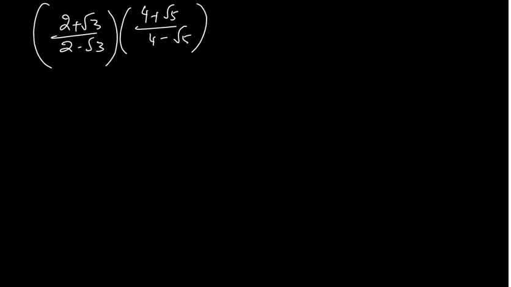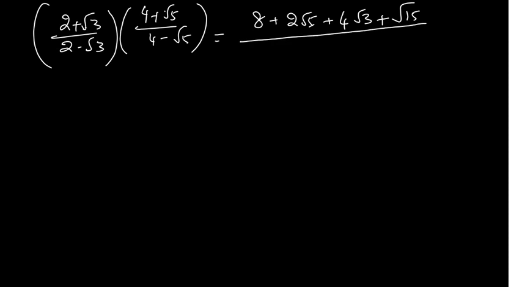You can straight away do the multiplication here and you get 8 plus 2 root 5 plus 4 root 3 plus root 15 in the numerator, divided by 8 minus 2 root 5 minus 4 root 3 plus root 15.